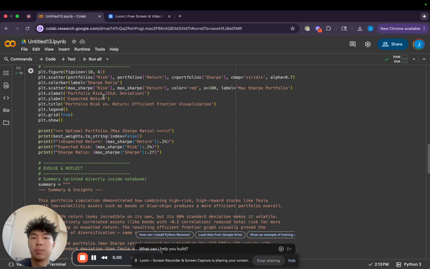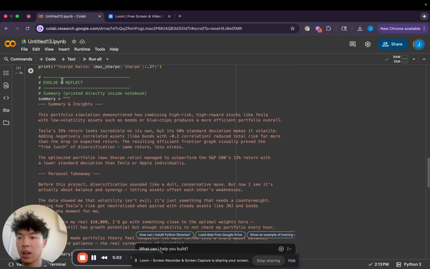And so once I had the baseline, I moved on to my evolve stage. So I tried increasing Tesla's weight to 50%, and the return did climb a bit, maybe up to 16 or 17%. But the volatility also jumped toward 25%.